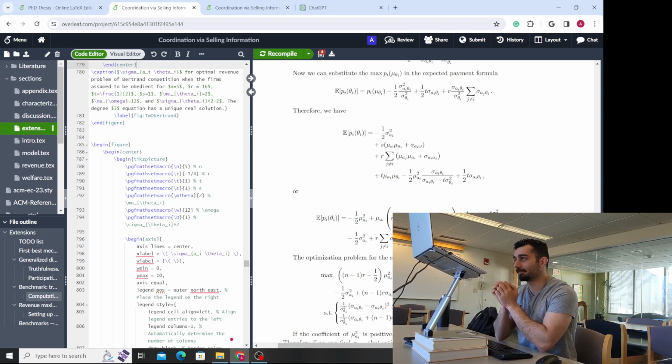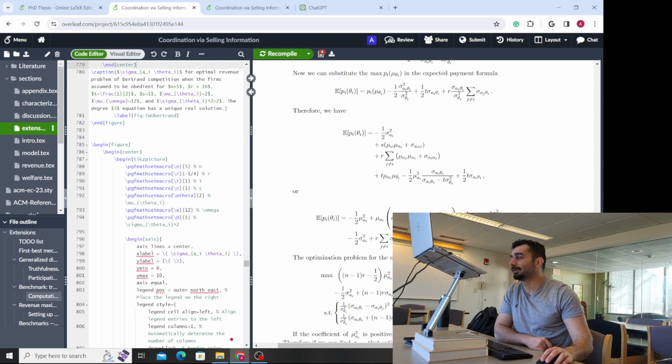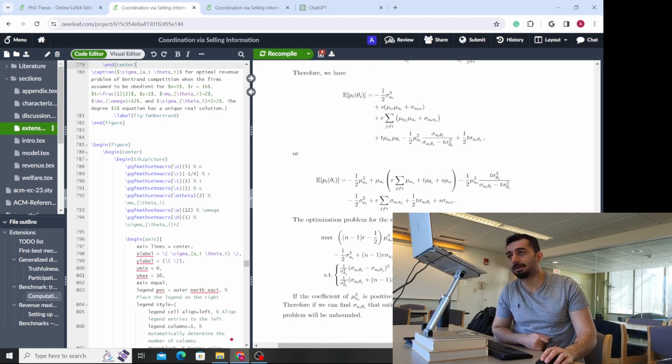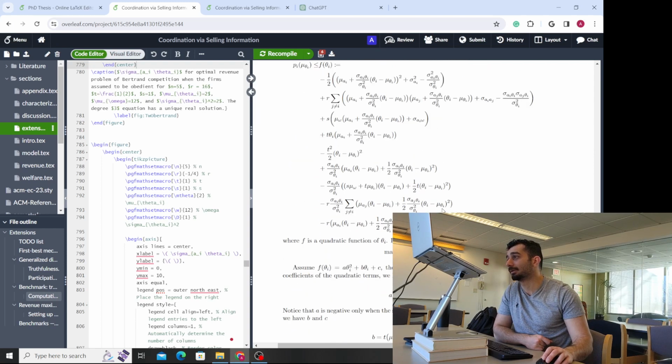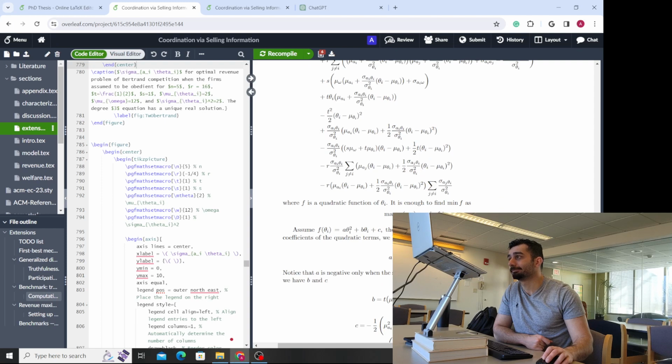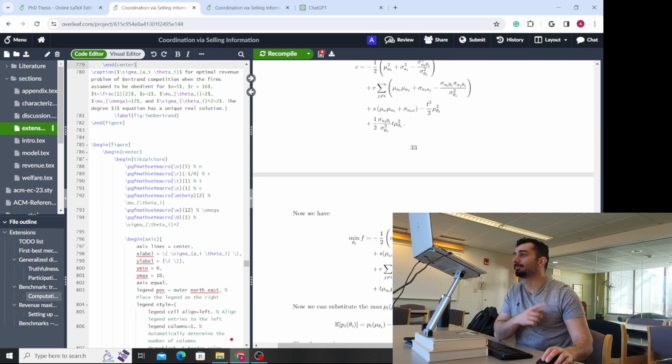The main part is comparing mu's, and we can do that. So we want to compare mu A I. And what is mu A I here, by the way? Do we have it? Oh, we have it in the optimization problem.